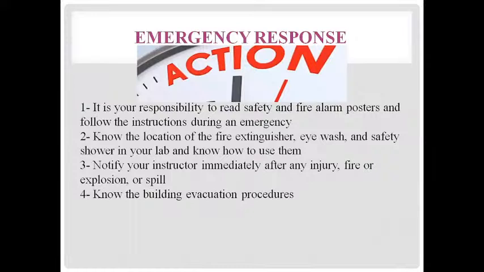Now, the emergency response. It is your responsibility to read safety and fire alarm posters wherever they are displayed, and this will be a very important safety procedure for any person. Whenever you are working, always look around and see what is labeled as dangerous or biohazardous.